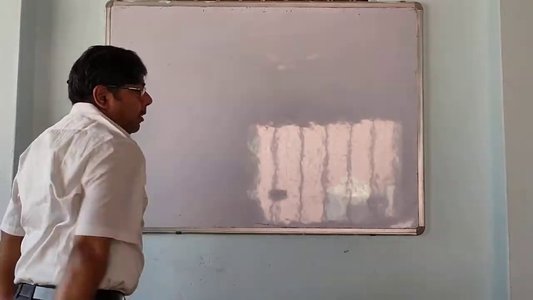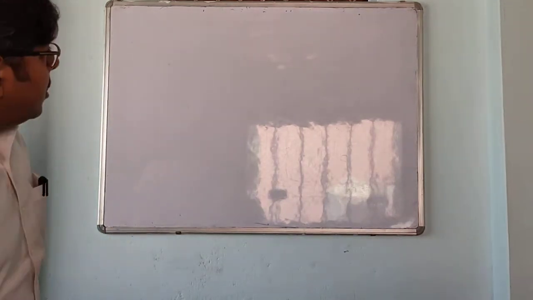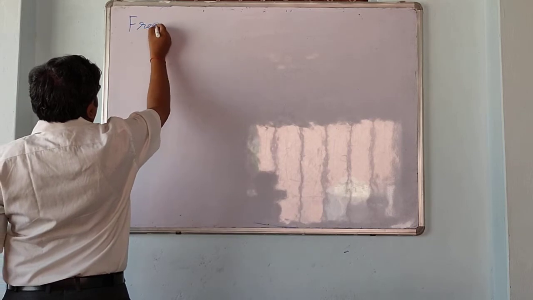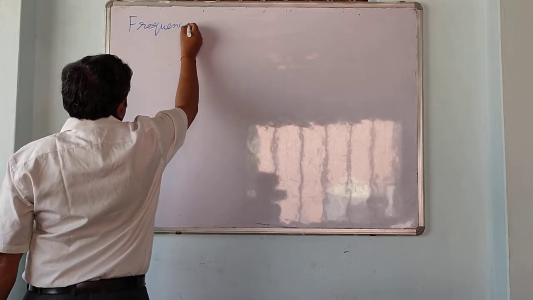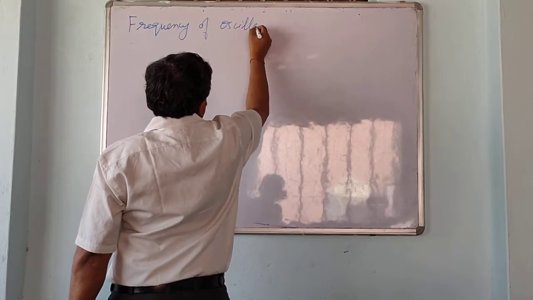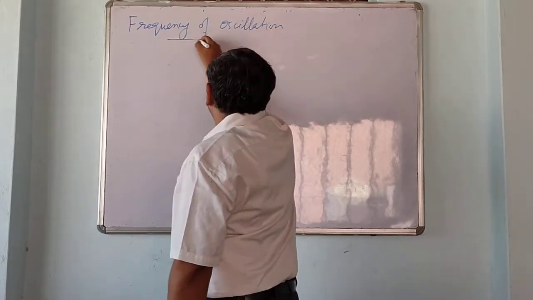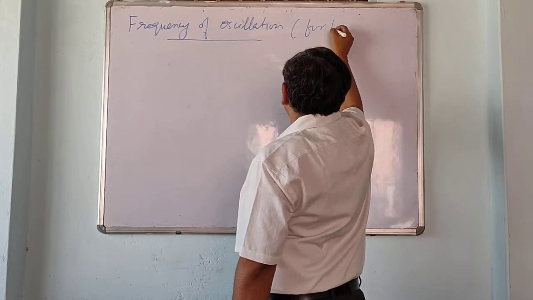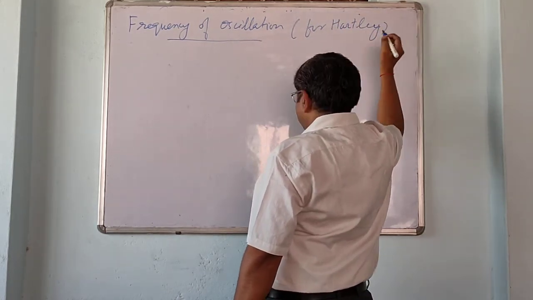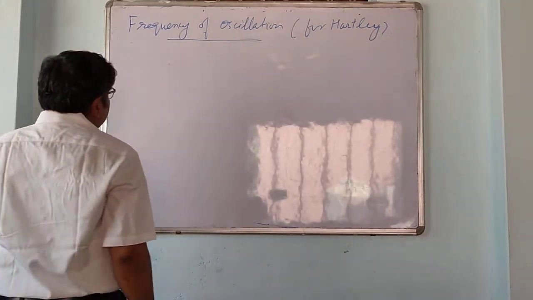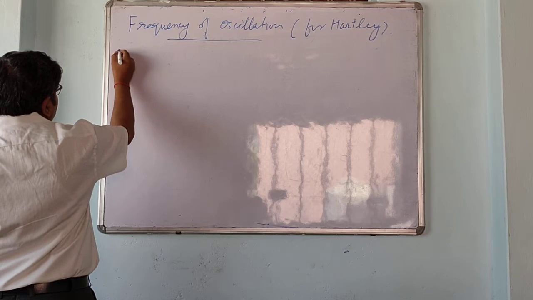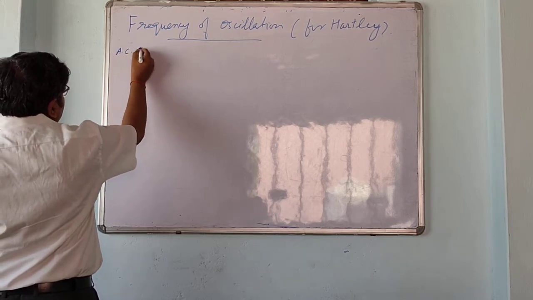Next we will write the frequency of oscillation for the Hartley oscillator. First we will draw the AC equivalent circuit.